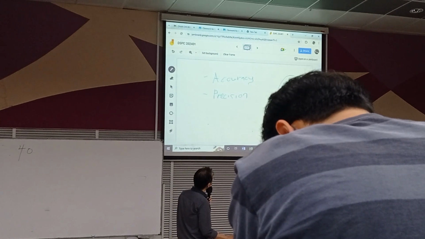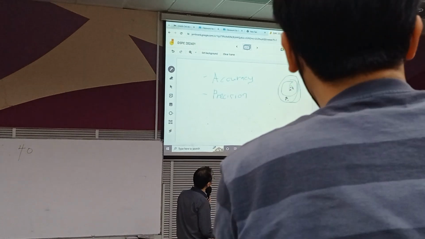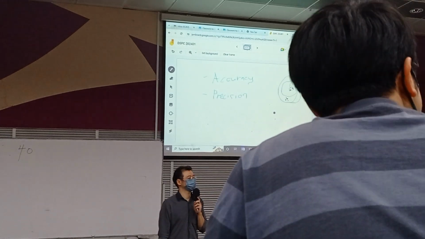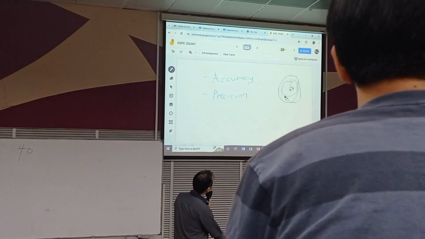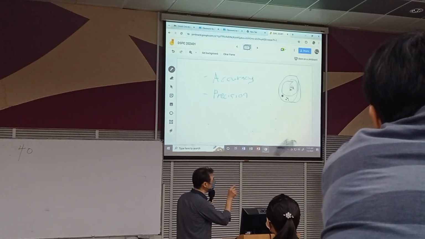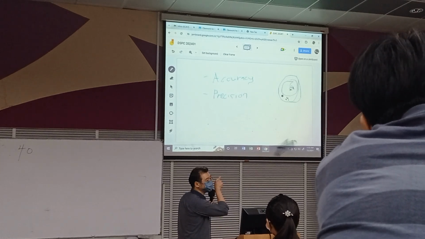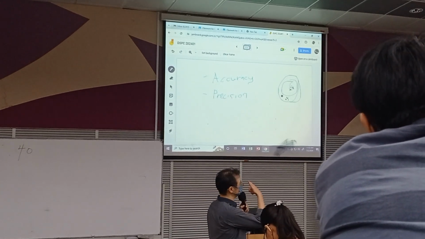Now, if let's say I throw my darts and it happens to be here, is that accurate? It's not accurate. But within this group here, there's high precision. Even though I'm not accurate, I precisely hit that point. So the meaning of accuracy and precision is that.